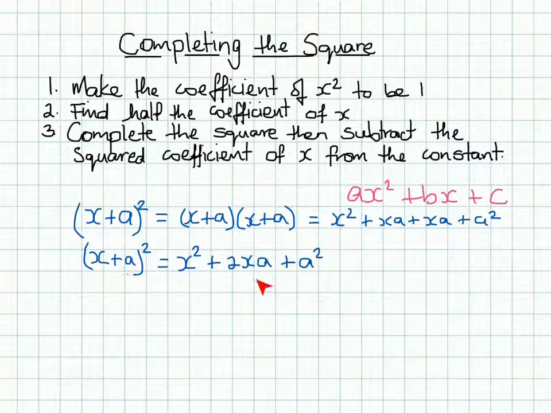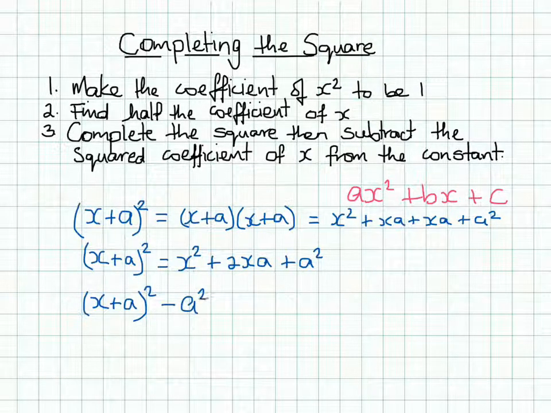Now, keeping this same form, I'm going to bring this a squared over here, thereby giving me x plus a all squared, take away that a squared, is equal to x squared plus 2xa. All right, and what I've done is basically quickly ran through what it means to complete the square. We're therefore saying that everything over here, where you've got a coefficient of x squared and 2xa, is equal to all of this.